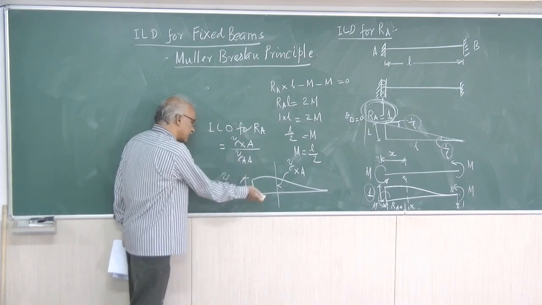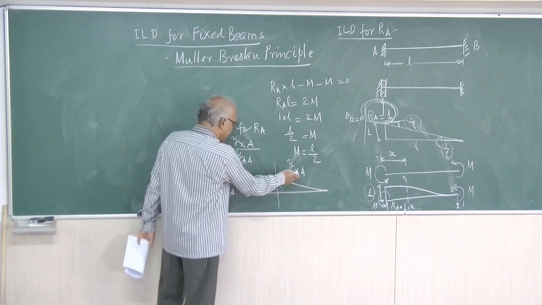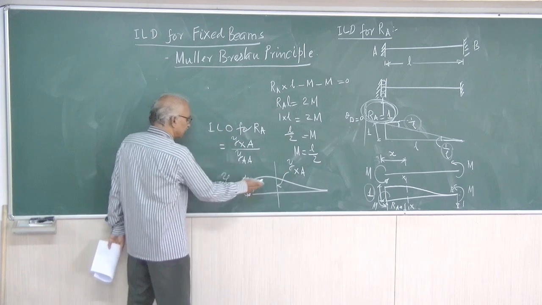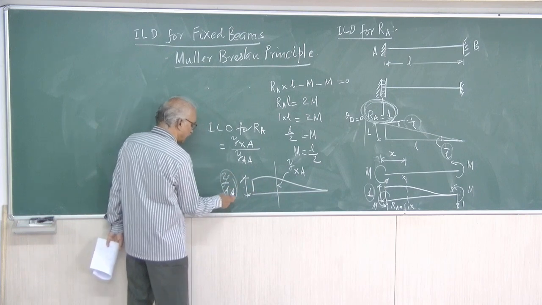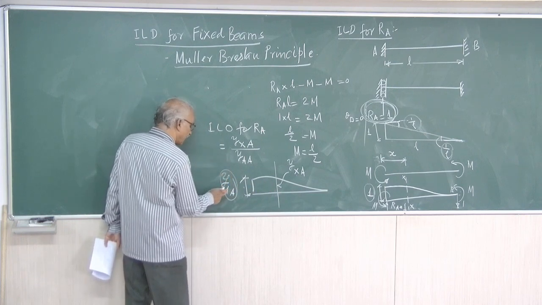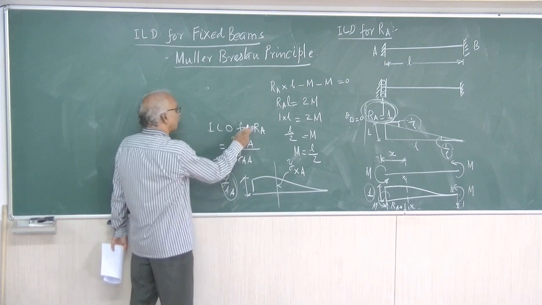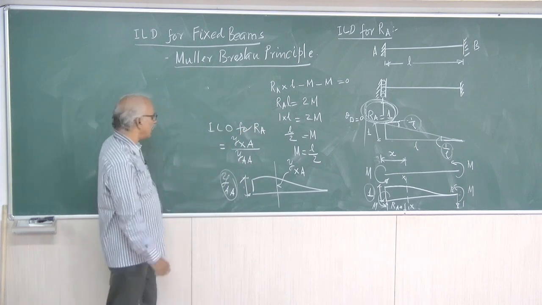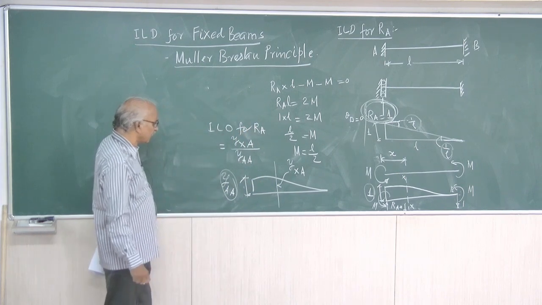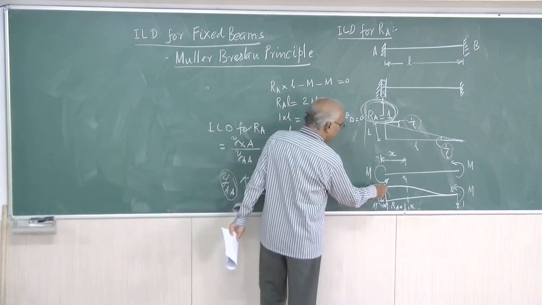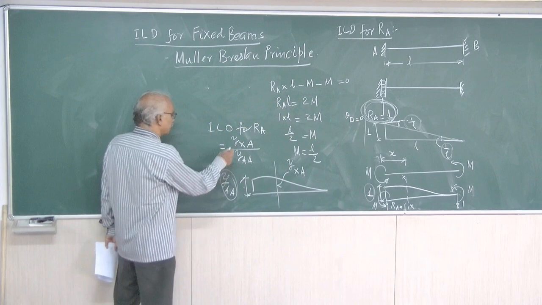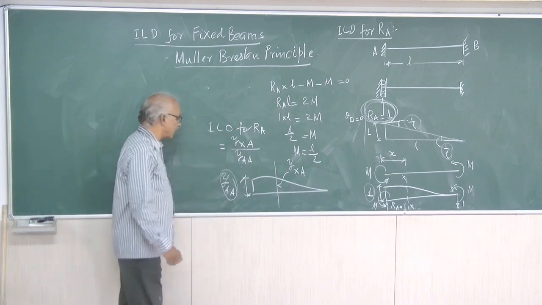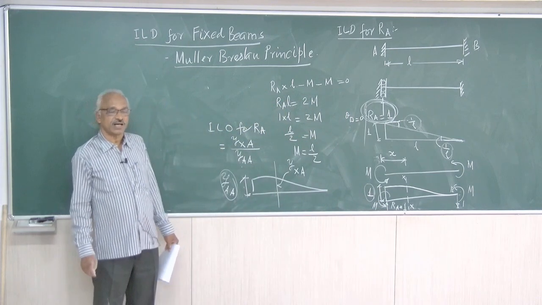So we apply some value, get the deflection here, and divide by YAA, because ILD for RA means this value has to be unity. Therefore, this by this will give you the influence line ordinate for RA.